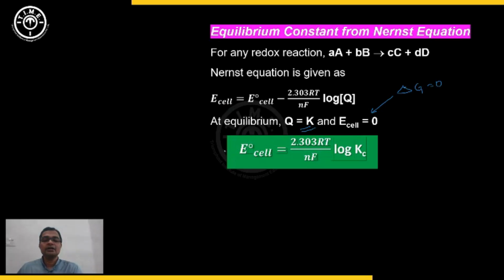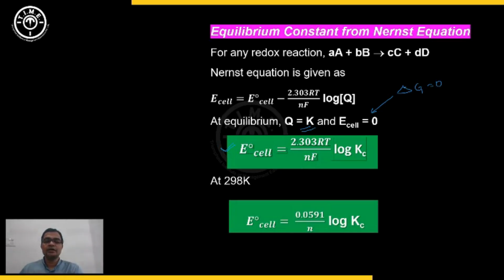Then you will get E naught cell is equal to 2.303 RT by nF multiplied with log K. K is the equilibrium constant. If you know the E naught cell value, you can calculate the equilibrium constant. If you know the K value, you can calculate the standard EMF of the cell.